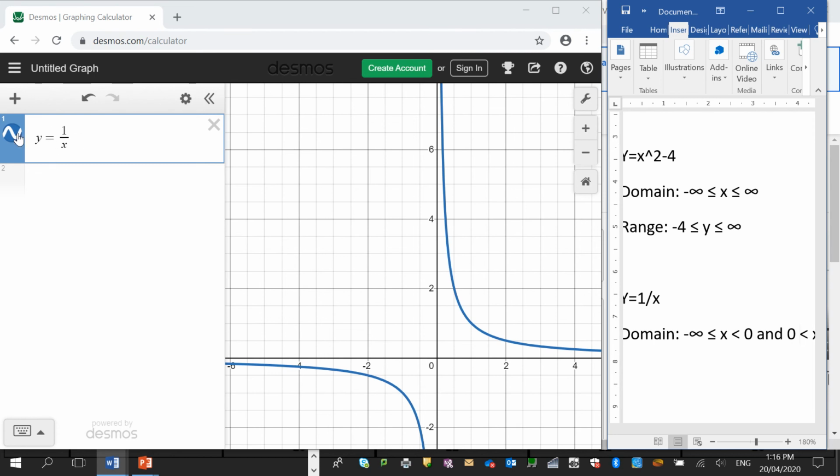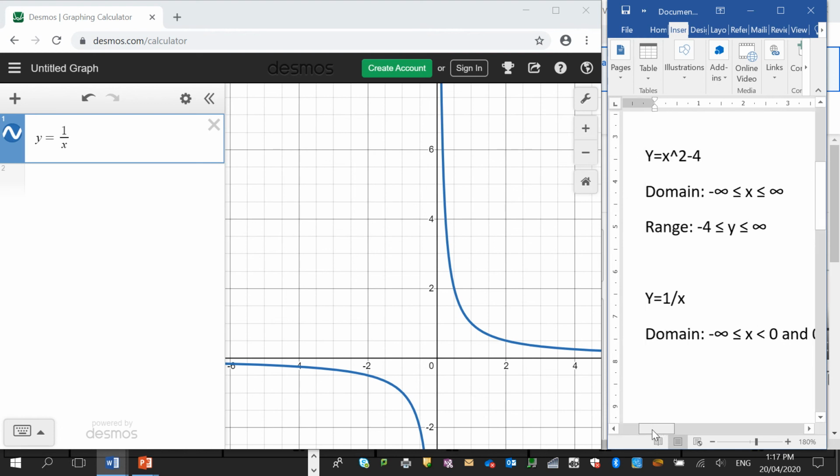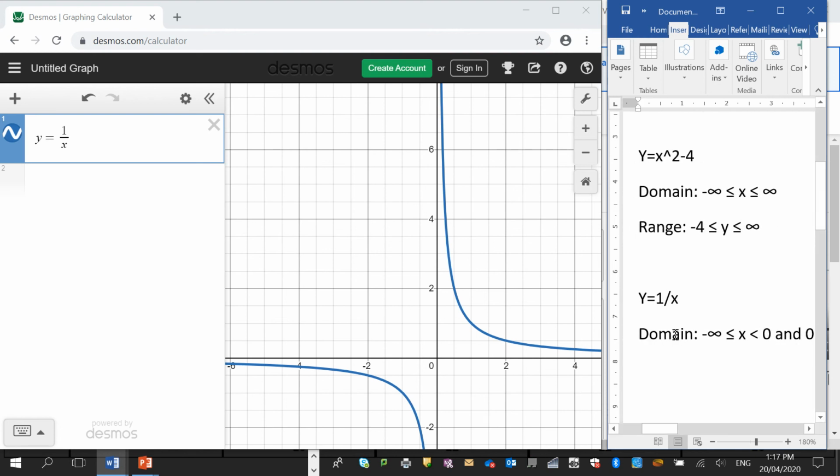Because if we reach 0, this becomes infinity. That's not real. Or, sorry, positive, negative infinity. It's not defined. And once we go above 0, it goes out to infinity again, but it cannot be 0. So that's just defining the domain of that. And the range is the same. Approaches 0, but never reaches 0.